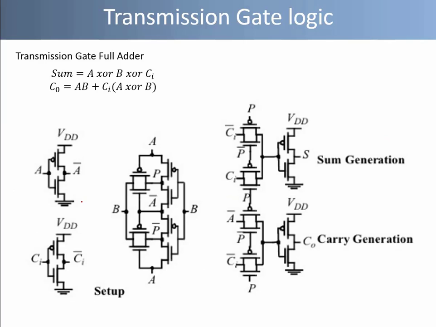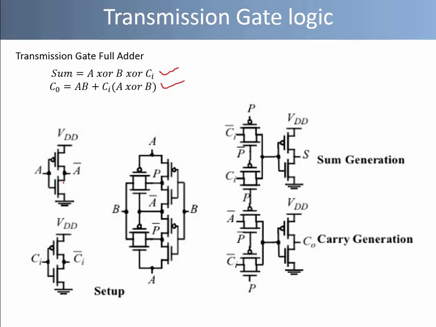Let's consider another example of realizing a full adder using transmission gate logic. The Boolean equations of the full adder are A XOR B XOR carry in for the sum output, and A B or carry in and A XOR B for carry out.